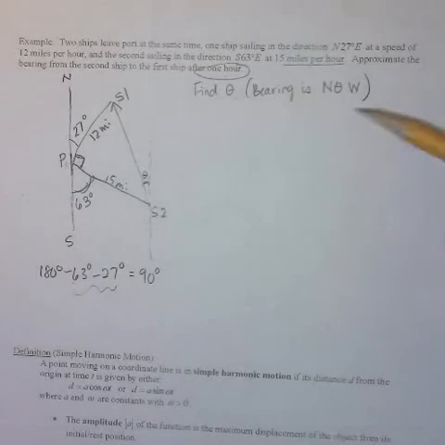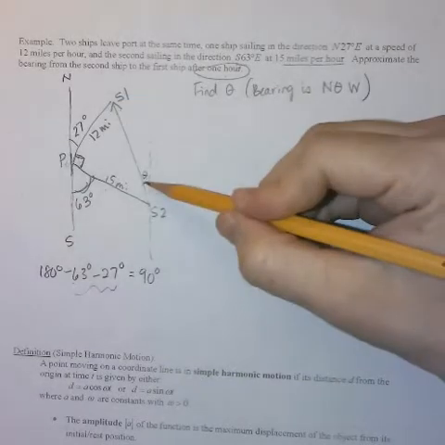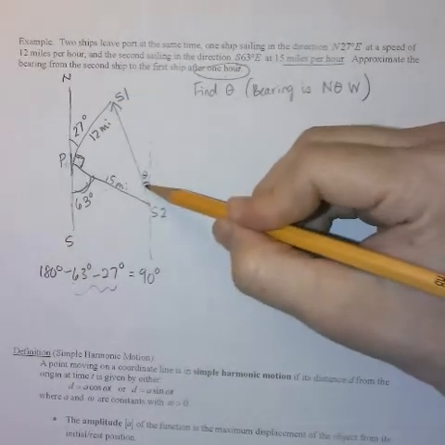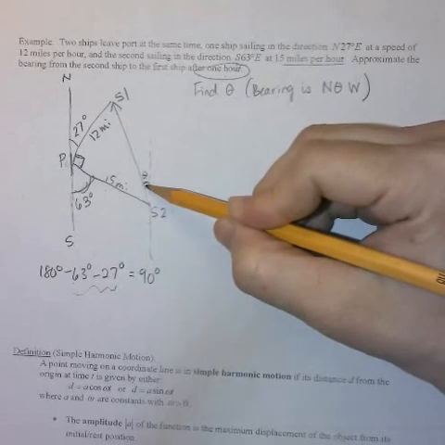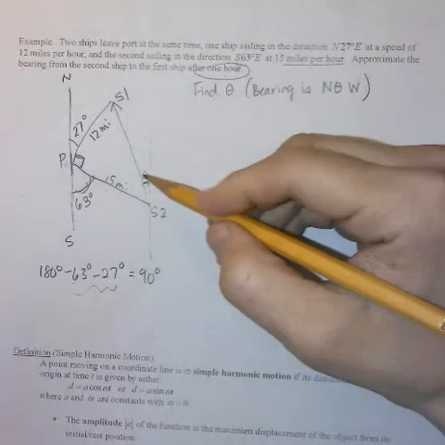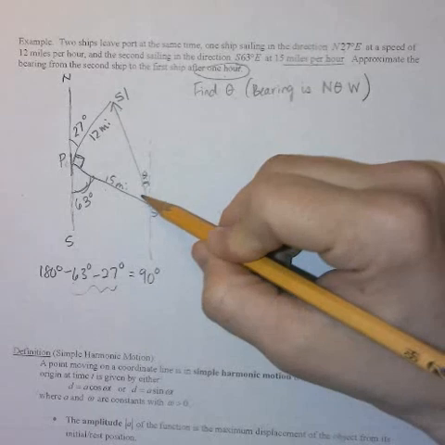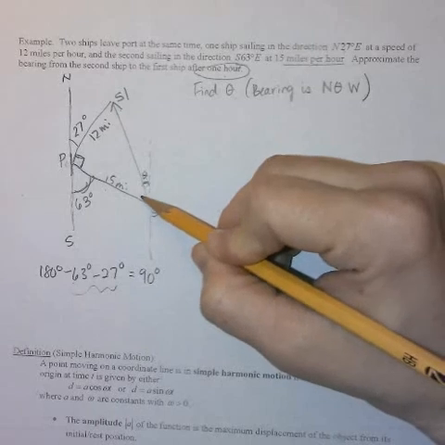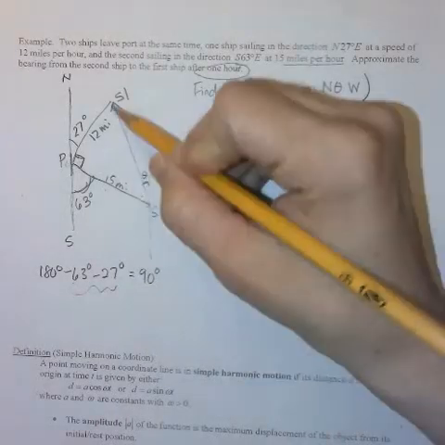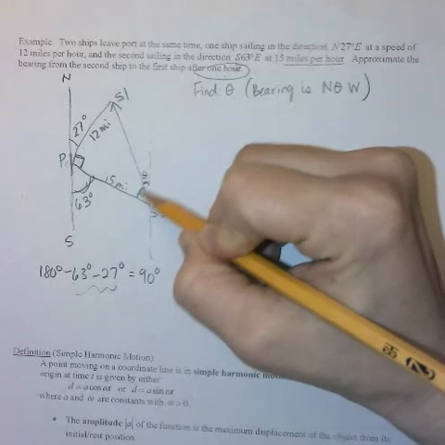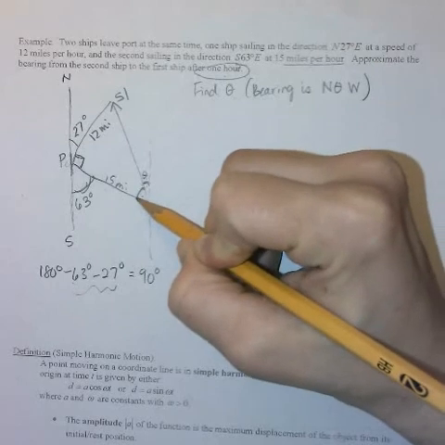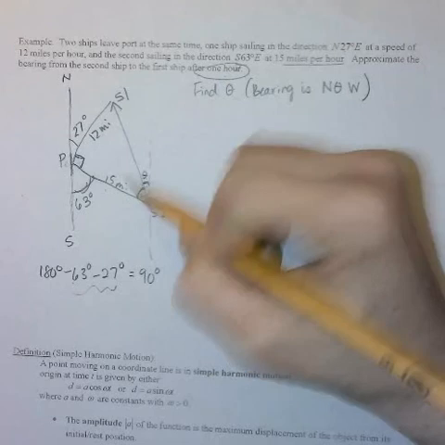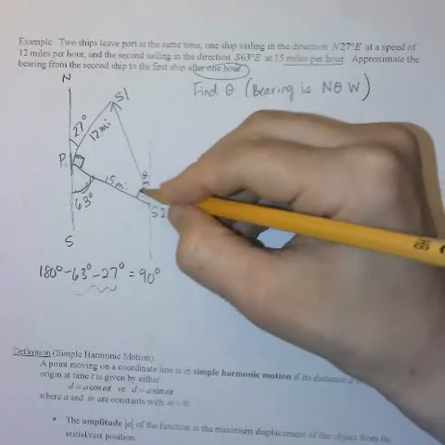All right, well, how are we going to find theta? This is the tricky part. Well, we need to use this angle here. To find this, we need to use this triangle, right? So we need to find this angle right here, and then we can figure out what theta is.